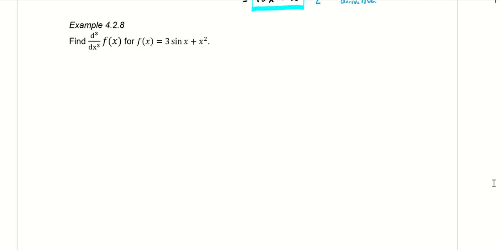Let's do one more. Let's find this for f of x equals 3 times the sine of x plus x squared. So here we have a little 3 in our Leibniz notation. This is saying we want the third derivative.